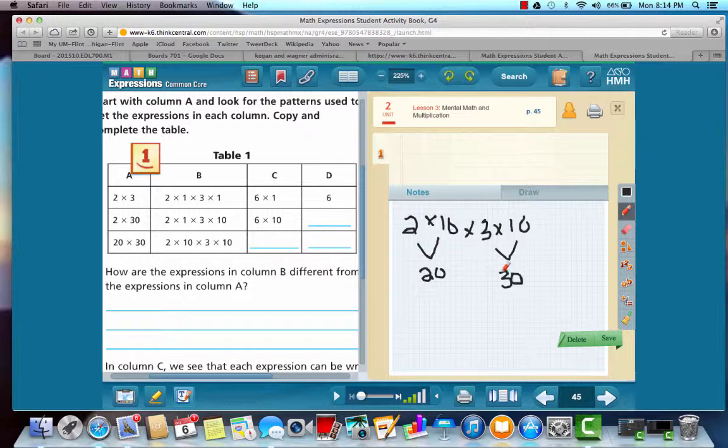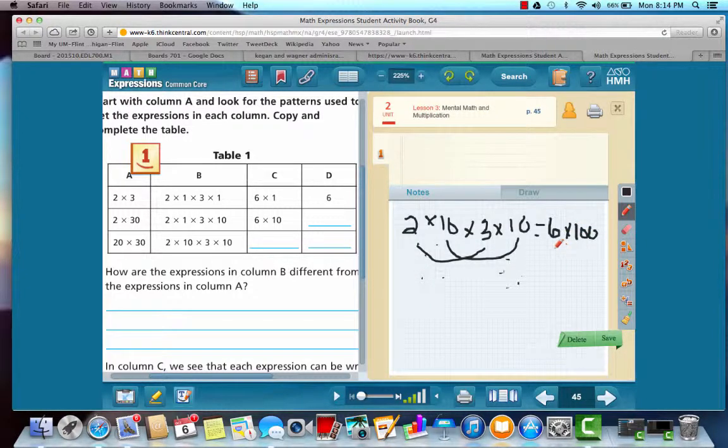So when they take this, what they're going to do is multiply 2 times 3, and that will give you what? 6, correct. And 10 times 10 will give you what? 100, correct.